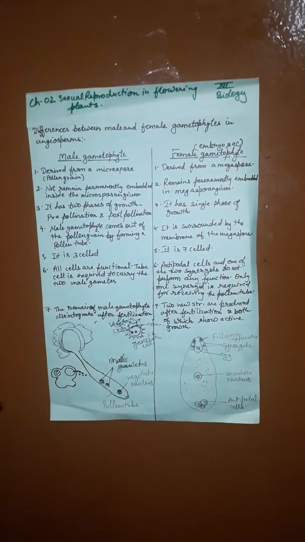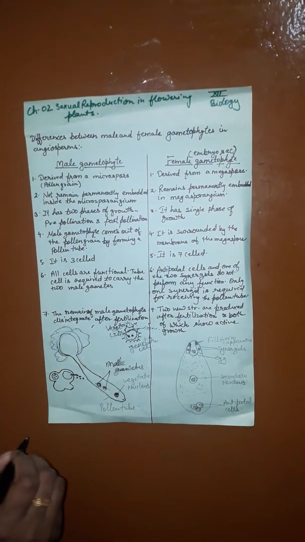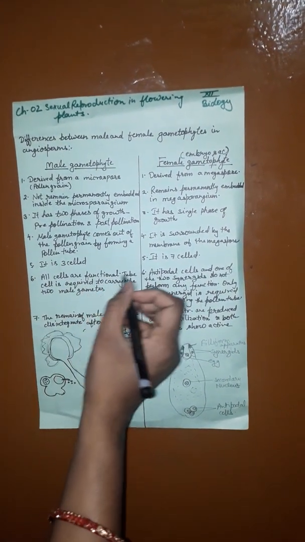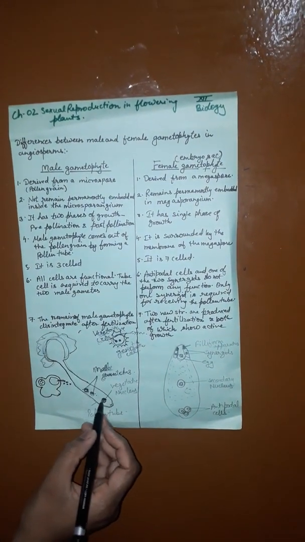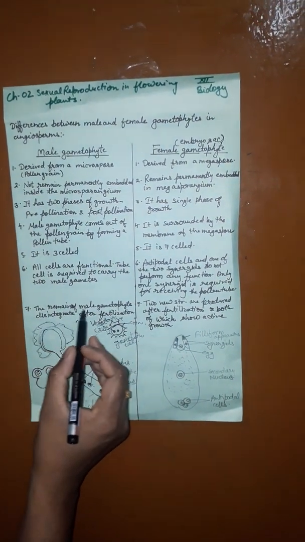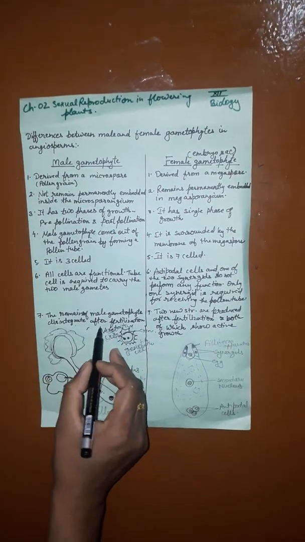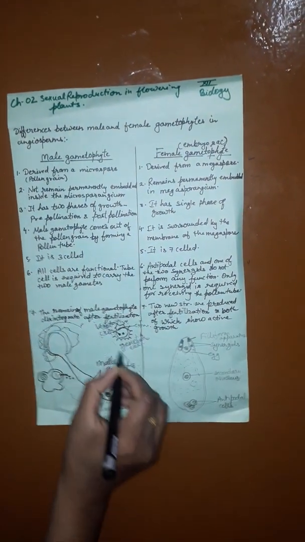It is a three-celled structure, one vegetative cell and two male gamete cells. All cells are functional. The tube cell is required to carry the two male gametes. The remains of the male gametophyte disintegrate after fertilization.